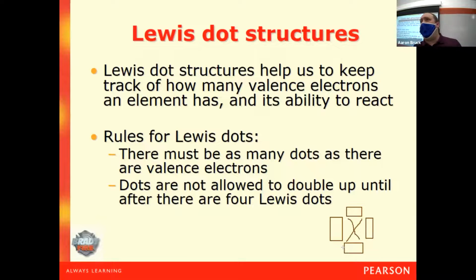We have electrons. Electrons are negatively charged. 2 negatively charged objects generally don't like being in the same area as each other. They repel. So if we can put them in different areas, we can minimize their repulsion. That stabilizes the atom a little bit more.